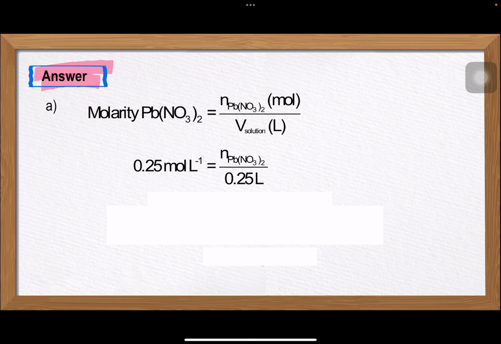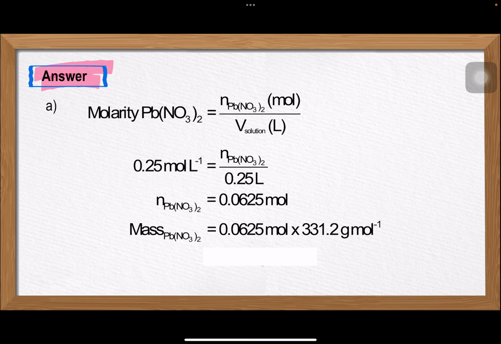We already know the molarity, and we already know the volume, 250 milliliter. So from the volume and the molarity, we can identify the mole. The mole is 0.0625 mole. Changing the mole to mass gives 20.7 gram. This is the amount of plumbum nitrate you need to weigh on the analytical balance.